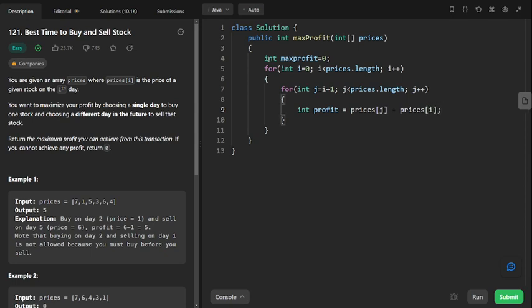Perfect. And comparison: if profit is greater than maxProfit, then maxProfit is equal to profit. Simple. And then at the end we will return maxProfit.